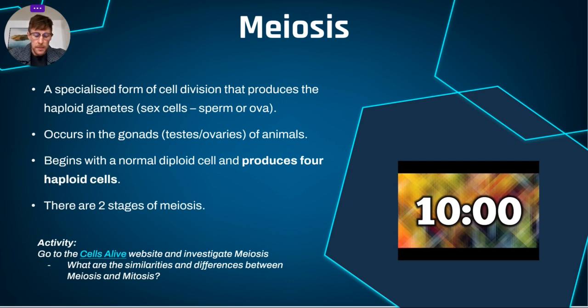So what happens is during sexual reproduction, we undergo a different type of cellular division called meiosis. So meiosis is pretty much, think of it as a similar process to mitosis, with the key difference being that in the second stage of meiosis, there is no DNA replication.